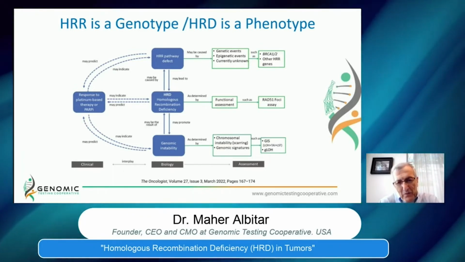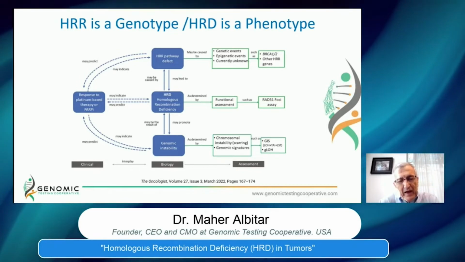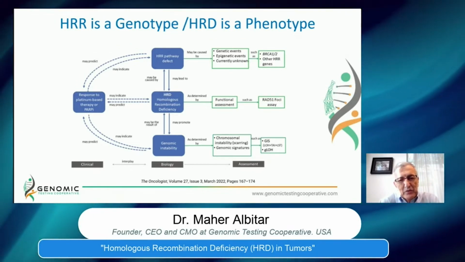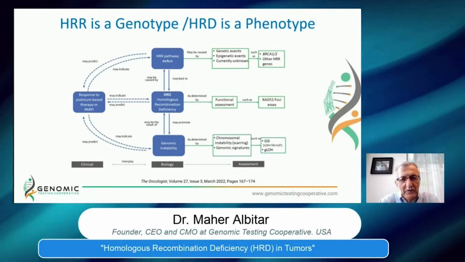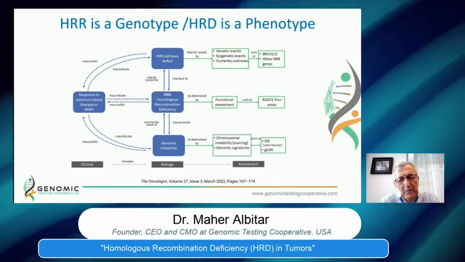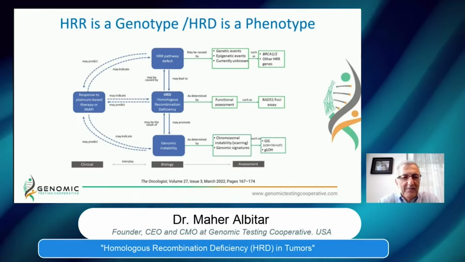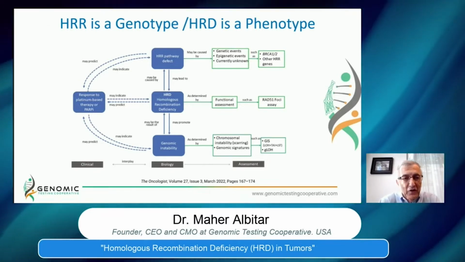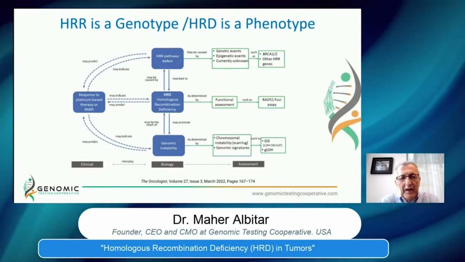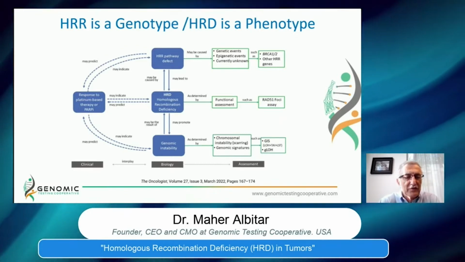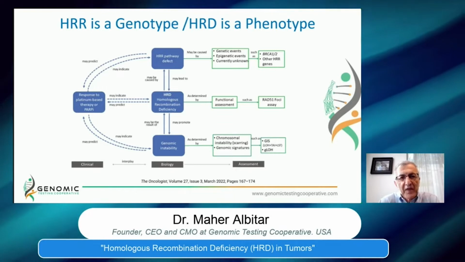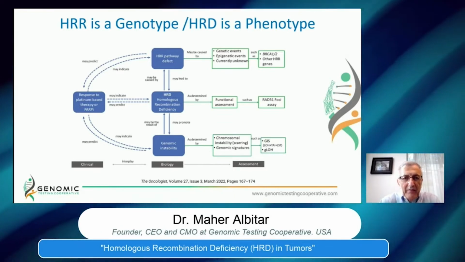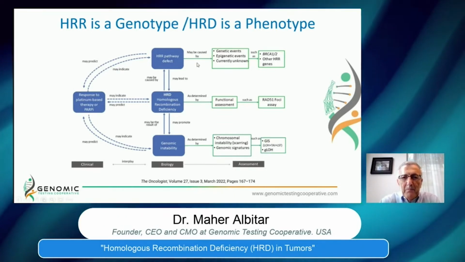So it is very important to understand that deficiency can arise because of somatic abnormalities, in addition to germline, or because of a combination of both germline and somatic abnormalities.